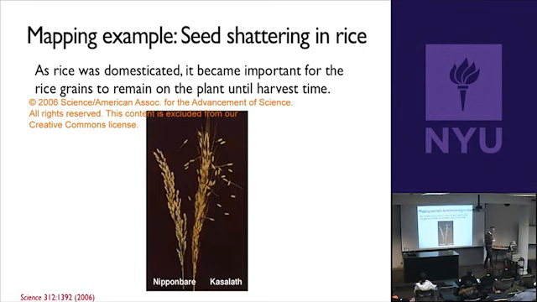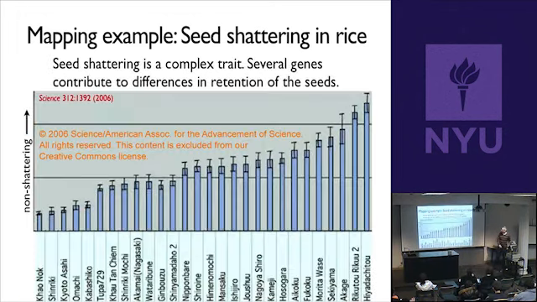The first thing I want to show you is that this is not a simple, what we call Mendelian trait, where it's just one gene that's contributing to this difference. One indication of that is if you take a bunch of strains of rice and quantify how tightly they hold on to their seeds, you see that there's quite a bit of range. This tendency to lose the seeds is called shattering.